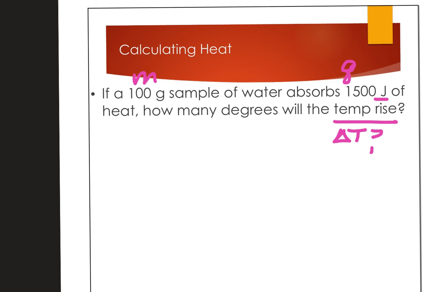So let's start. Q equals MC delta T. Now, I don't know how good everybody's algebra skills are, so I'm going to rearrange the formula first. I need to find delta T. So let me put a square around delta T.